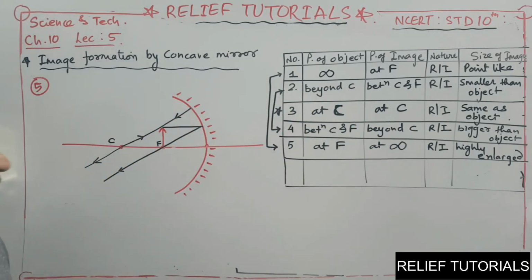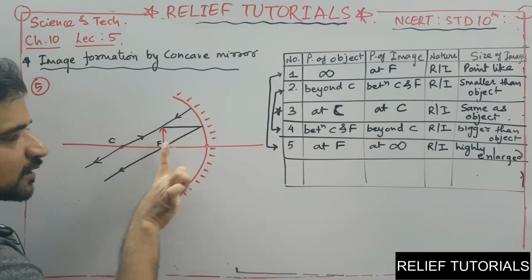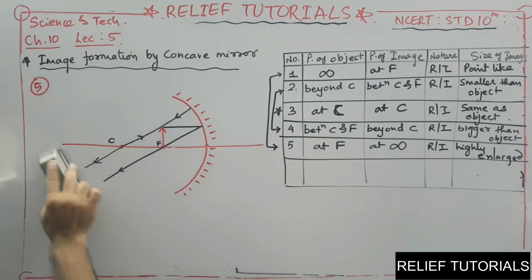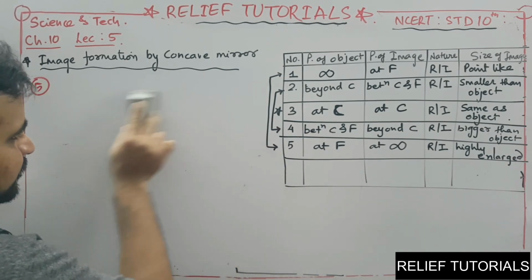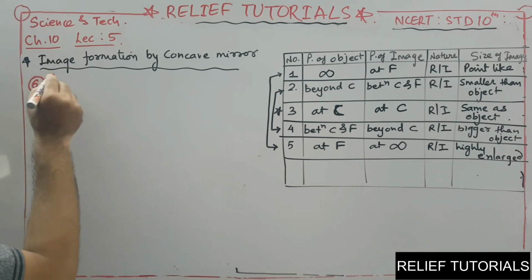And now the totally different case, the last case. Now the only one place left. You have to place the object between F and pole P. Sixth and the last case is here.